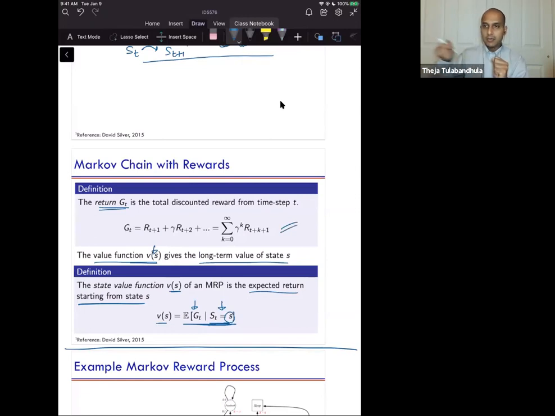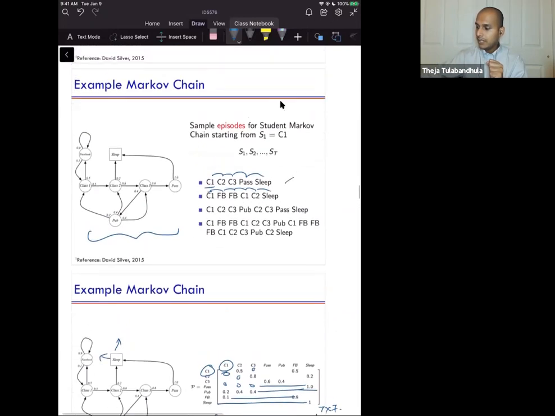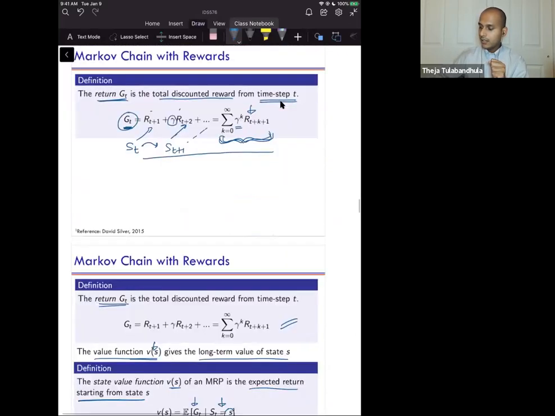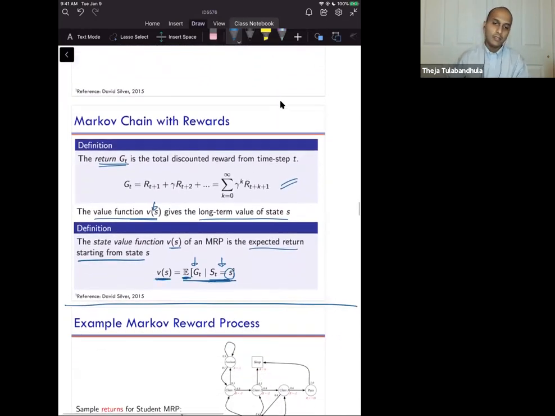If you repeat this Markov chain simulation, you can get a realization a few times. You can get many sequences of states, and accordingly they'll have a bunch of corresponding R numbers as well. So that means you have several realizations of the return random variable. Okay, you average it out. So that's this expectation here. Once you get that average, it's the value of being in that state.